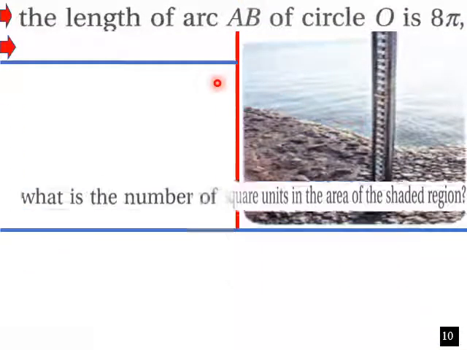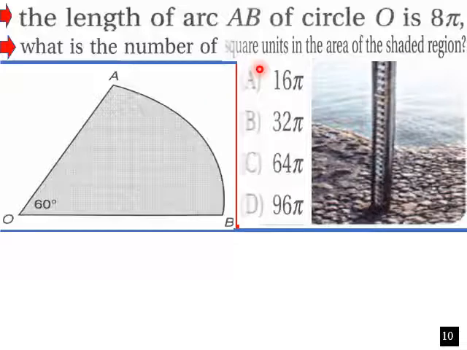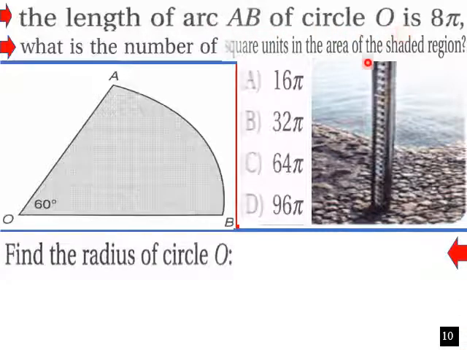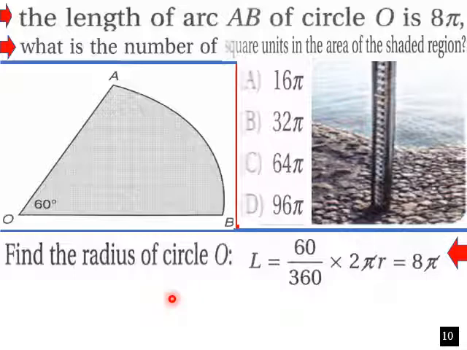The length of arc AB of circle O is 8 pi. In this situation, what is the number of square units in the area of the shaded region? We know the length of arc AB of circle O is 8 pi. Find the radius of circle O. Length equals 60 degrees over 360 times 2 pi r equals 8 pi.